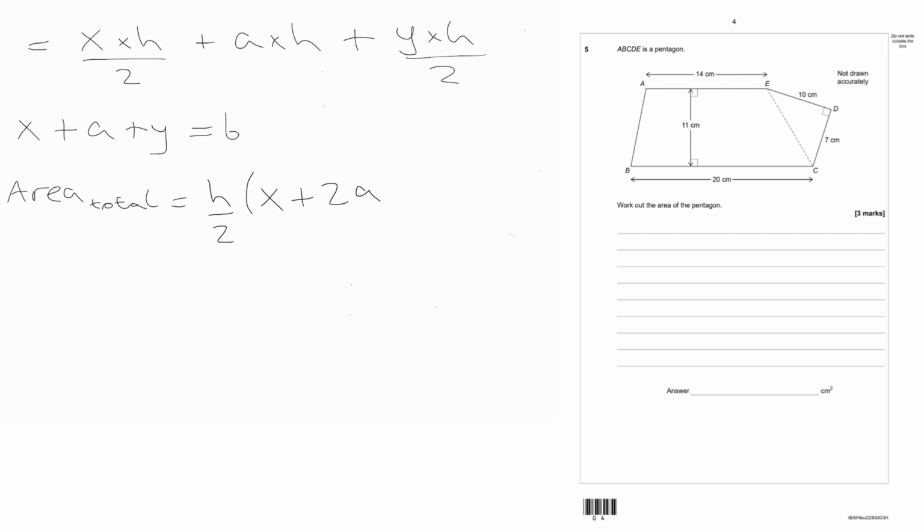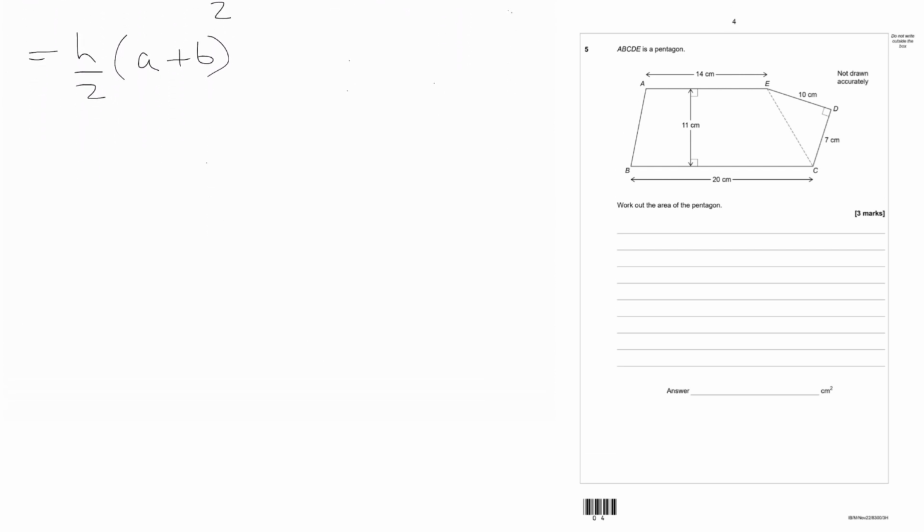We can see it's 2A because if we have 2A times H over 2, the 2's cancel and we just get H times A, plus Y. But we can simplify this further because we've just said that X plus A plus Y equals B. So this is actually equal to H over 2 times A plus B. And this is our total area for a trapezium.